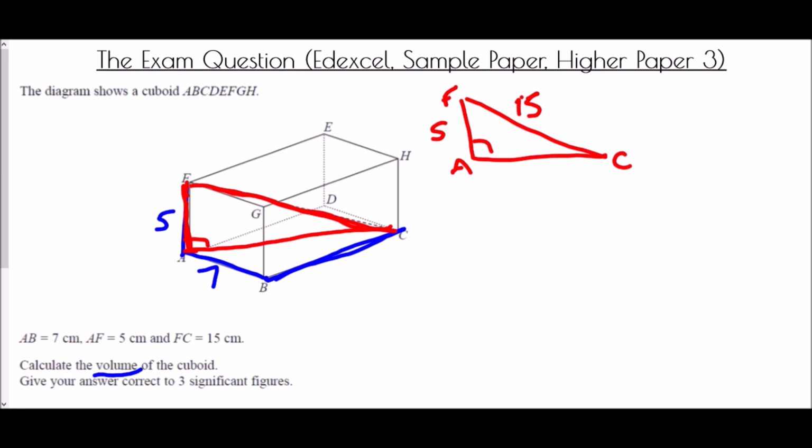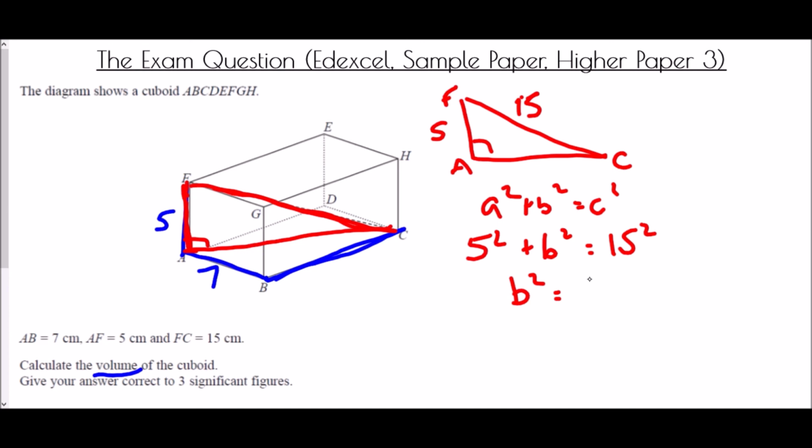I can use Pythagoras. a squared plus b squared equals c squared. And so a squared will be 5 squared plus something squared makes 15 squared. Remember, c is always the hypotenuse in this case. And so b squared is going to be 15 squared take away 5 squared.